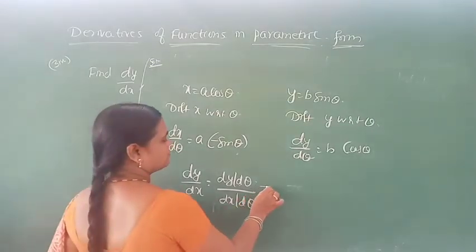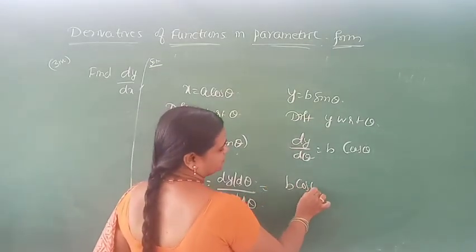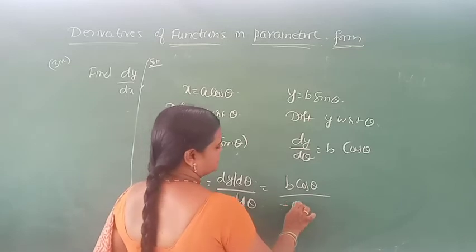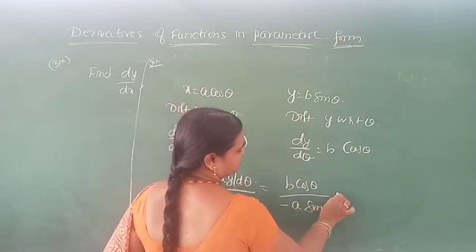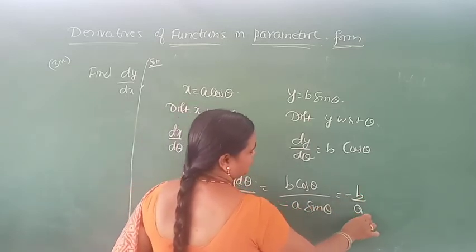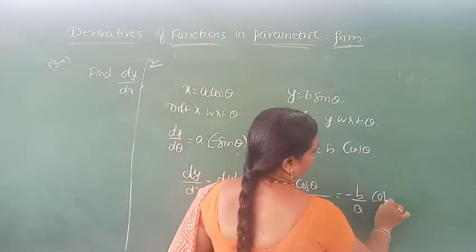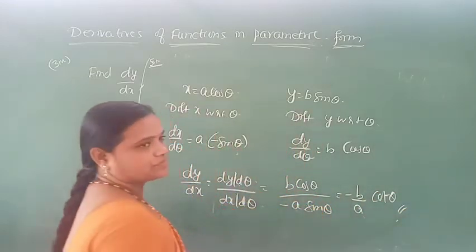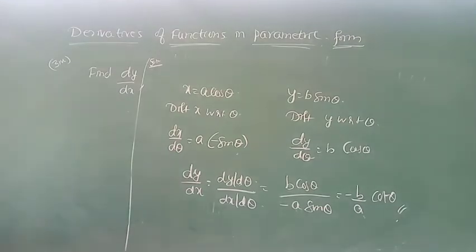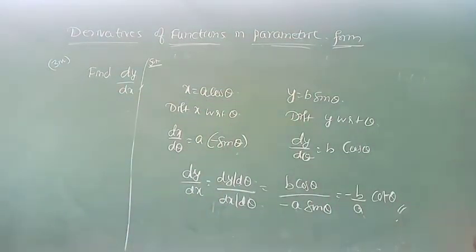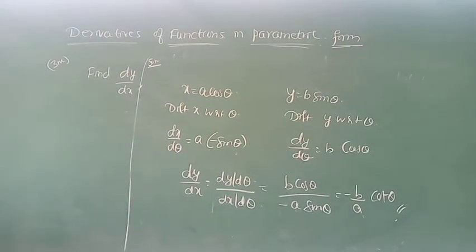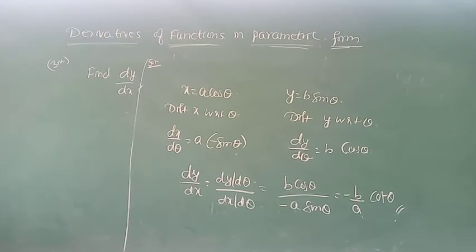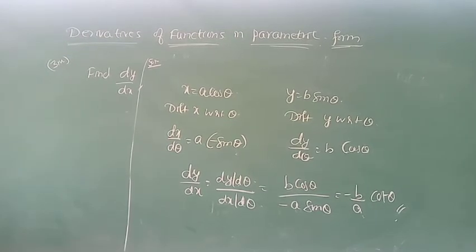We get b cos theta divided by minus a sin theta, which is minus b by a cot theta. That is the answer. This is how we can calculate simple examples based on trigonometric functions.